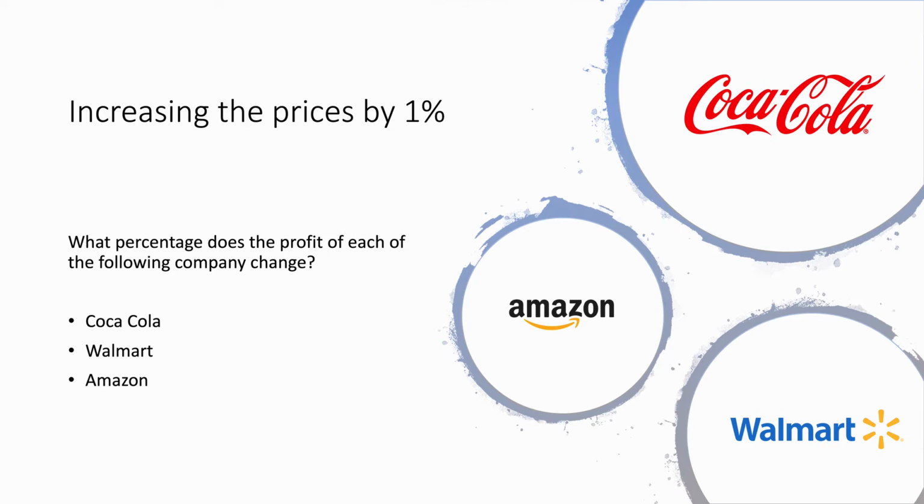That is, after they make the price adjustment, there's no change in demand. If they can do that, 1%, a tiny percentage of price change, what percentage does the profit of each of these companies change? So Coca-Cola, Walmart, and Amazon. Feel free to pause the video and write down your best guessed answers.